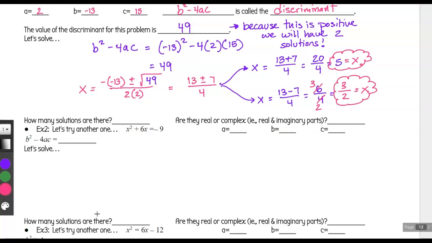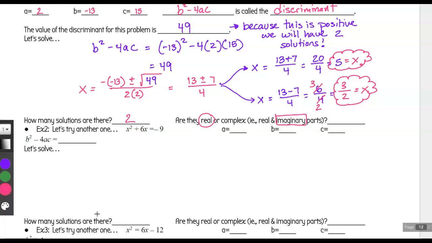How many solutions did we end up with? 2. Are they real or complex? Meaning, did we end up with a negative value as our discriminant? No. Only when we have a negative value for that b squared minus 4ac, that's when we get imaginary.